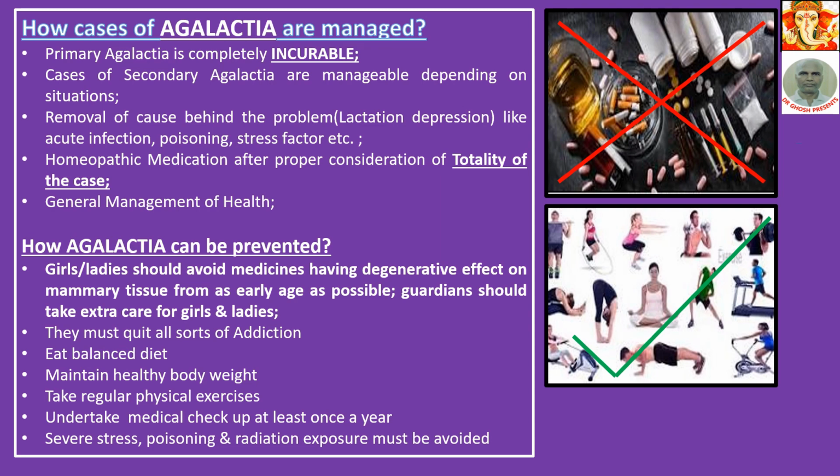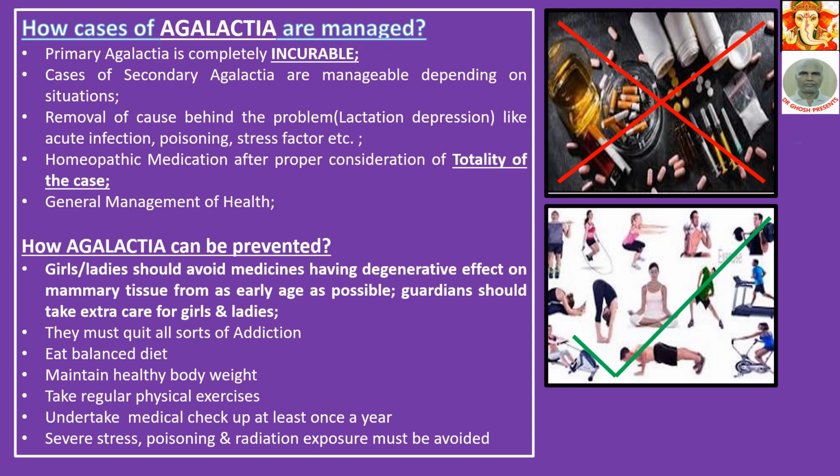How can Agalactia be prevented? Girls, ladies should avoid medicines having degenerative effect on mammary tissue from as early as possible. This is a very difficult thing, because unless the guardian of the girl or lady is serious, it is not preventable.